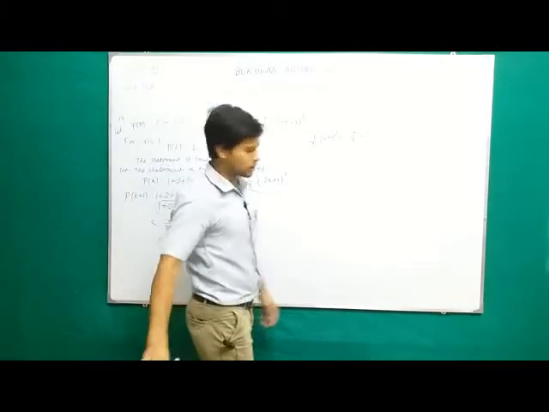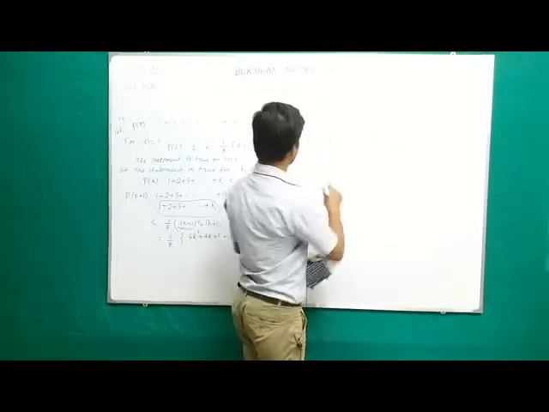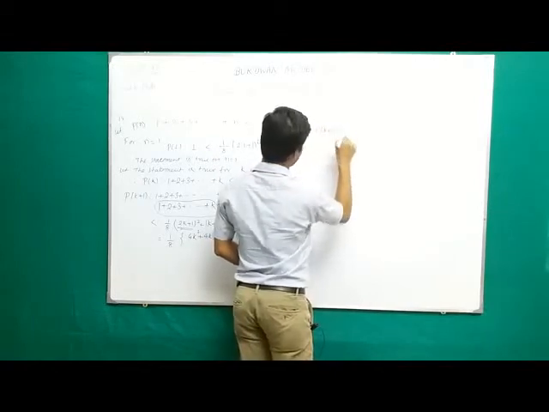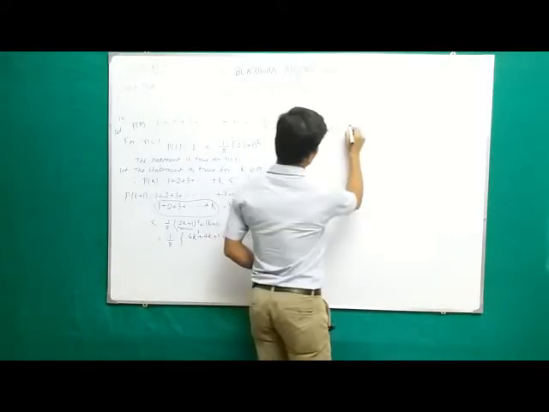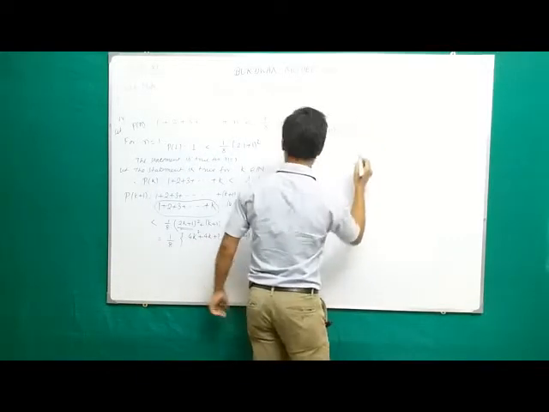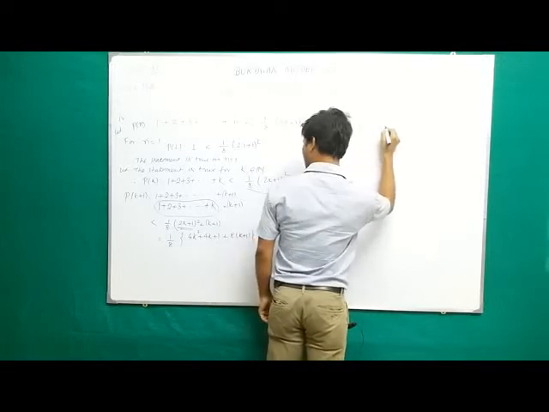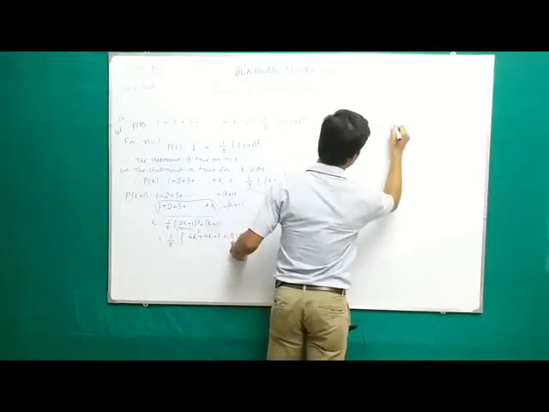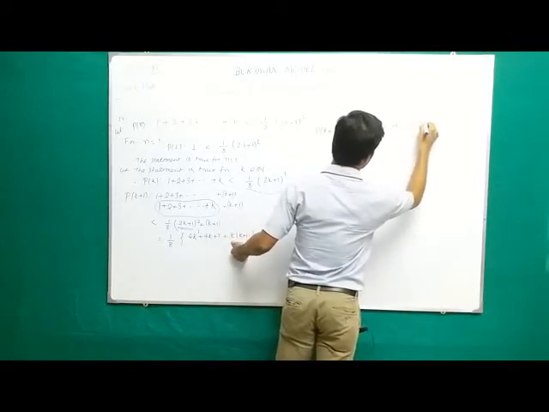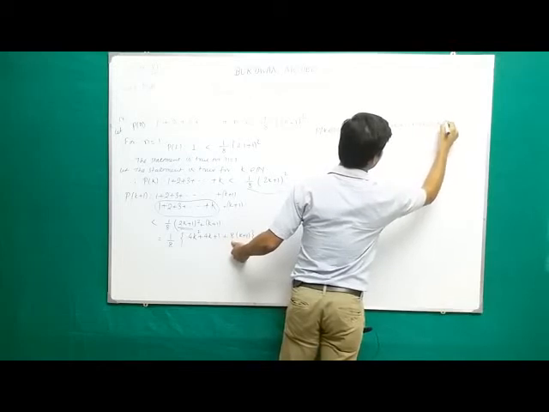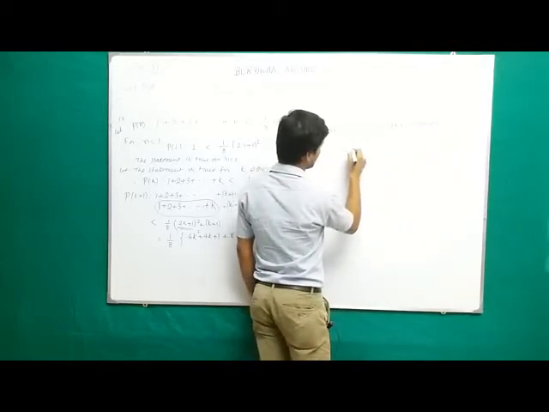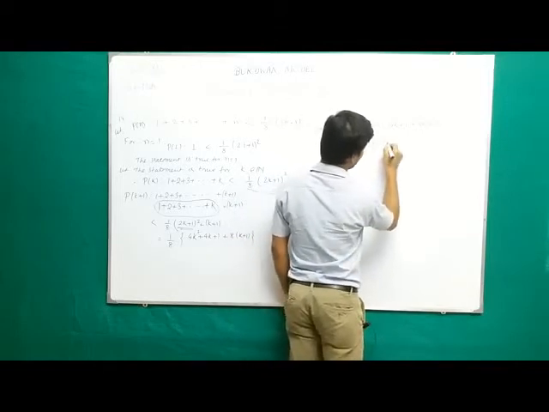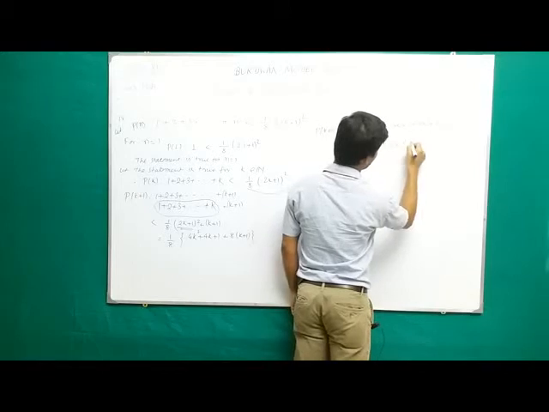That means p of k plus 1 is less than 1 by 8 into (4k square plus 4k plus 1 plus 8k plus 8), which is equal to 1 by 8 into (4k square plus 12k plus 9).